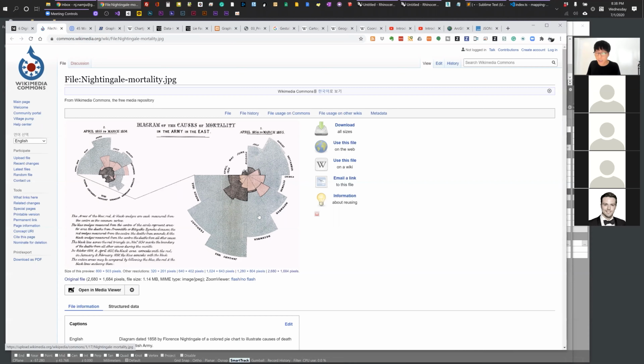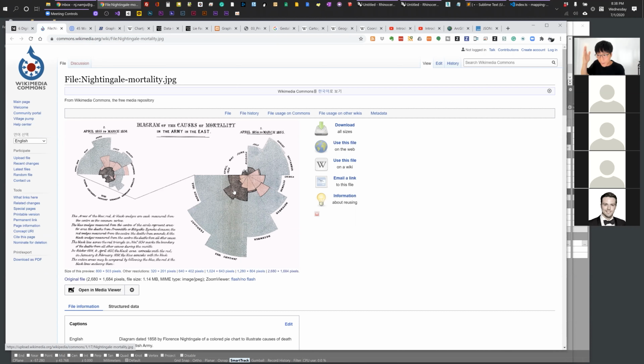But the visualization showed no, there was an outbreak. The number of people dying in battle was very small compared to those who died because of outbreak disease. After this visualization, they had a different policy, like keeping things clean during the war.